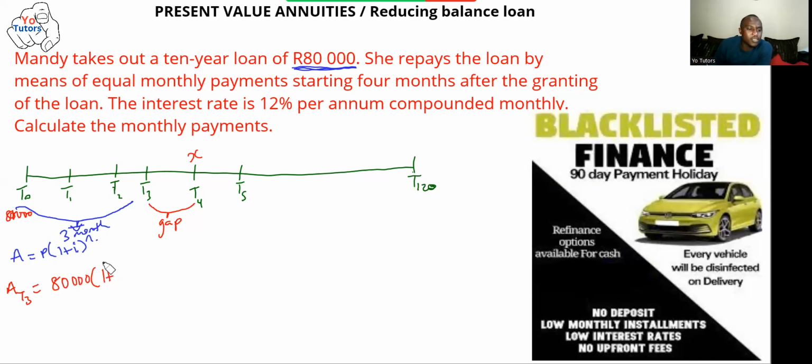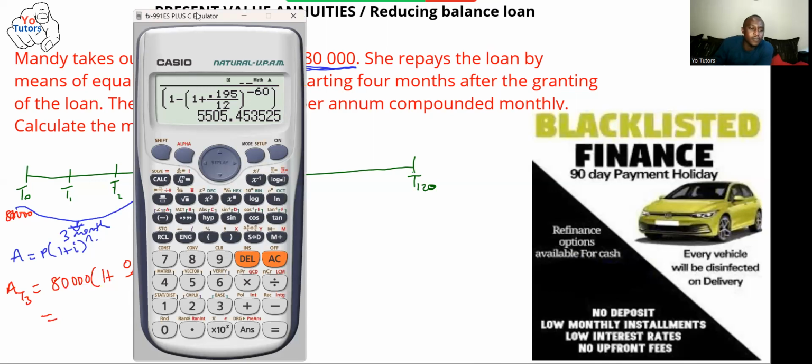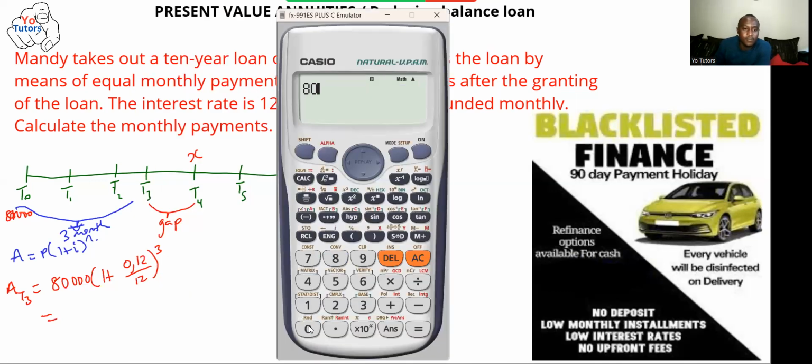Our I is 0.12 over 12 because it's monthly. Then to the power of N, how many here? 3. Let's see what we get there. 80,000 times 1 plus 0.12 over 12 to the power of 3.